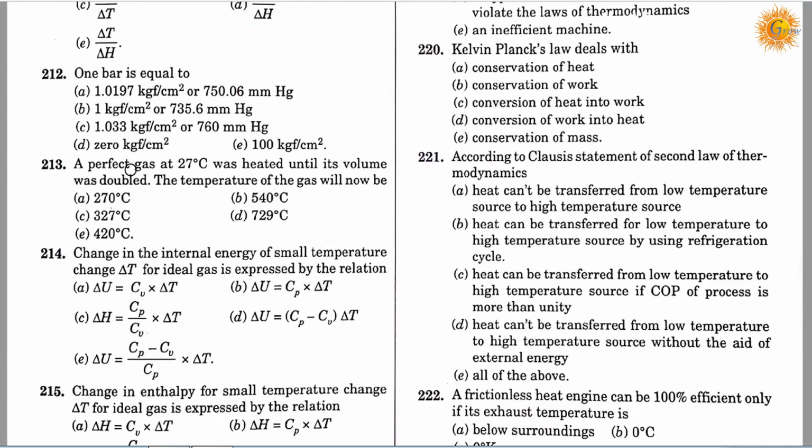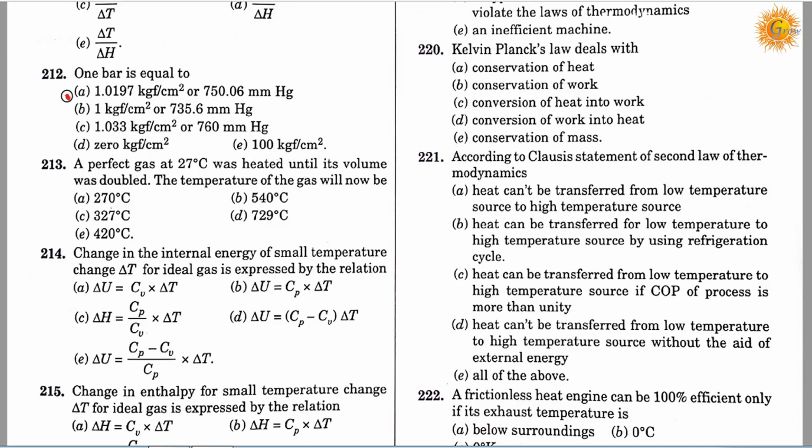Question number 212. 1 bar is equal to option A, 1.0197 kgf per centimeter square or 750.06 mmHg, option B, 1 kgf per centimeter square or 735.6 mmHg, option C, 1.033 kgf per centimeter square or 760 mmHg, option D, 0 kgf per centimeter square, and option E is 100 kgf per centimeter square.